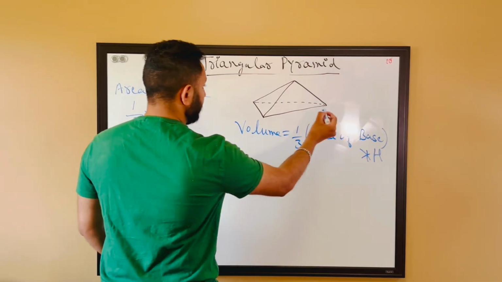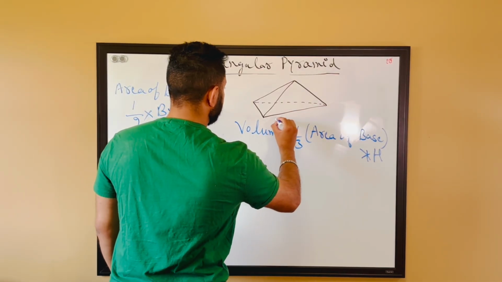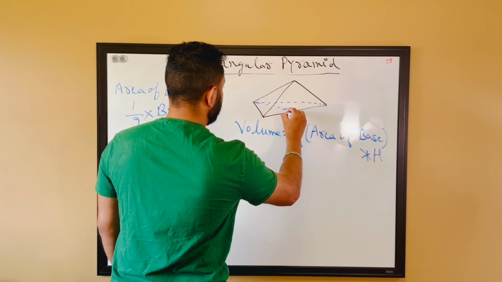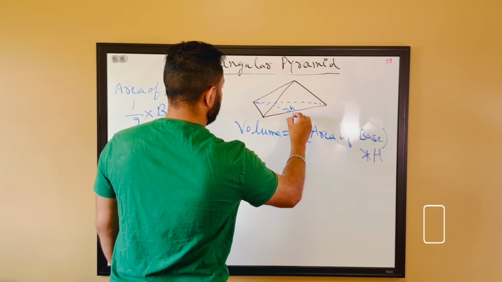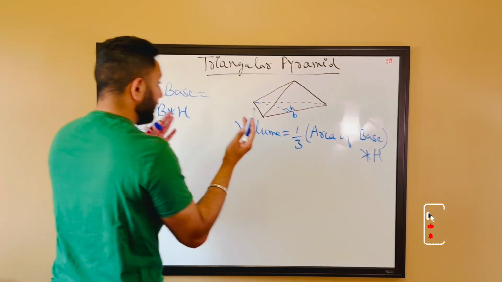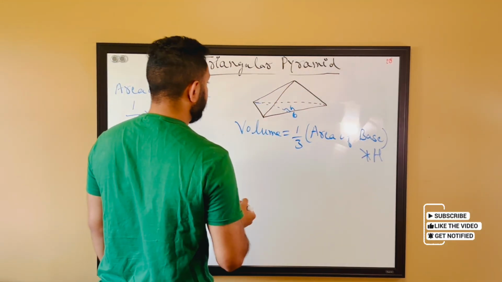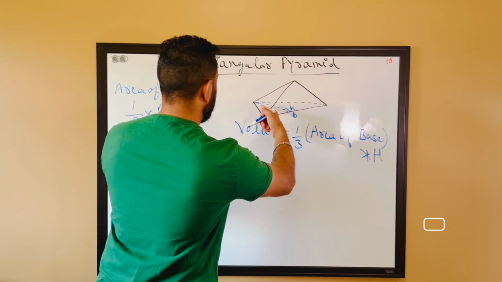So here this is the base, and this is the height of the base of the triangular pyramid, which is in the shape of a triangle.